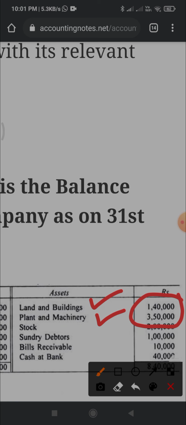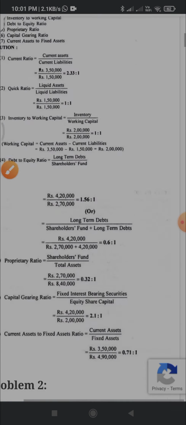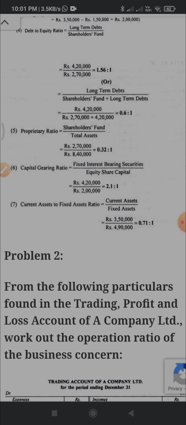Total is 4,90,000. So here what is the calculation? Current assets to fixed asset ratio equals to current assets divided by fixed assets, that is 3,50,000 divided by 4,90,000. The ratio is 0.71 is to 1.